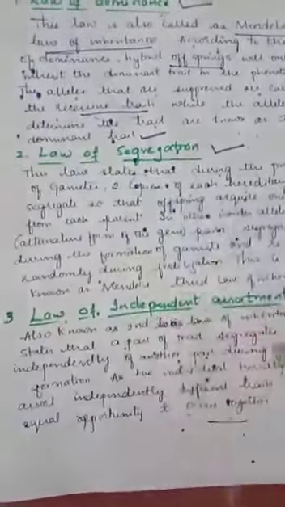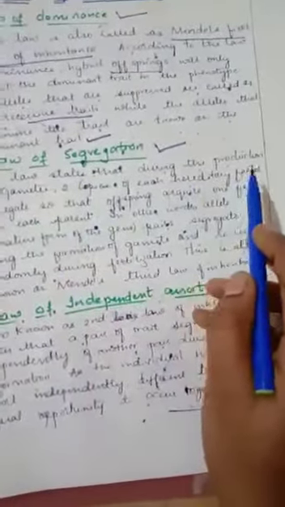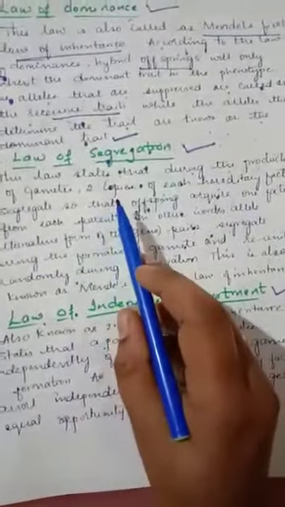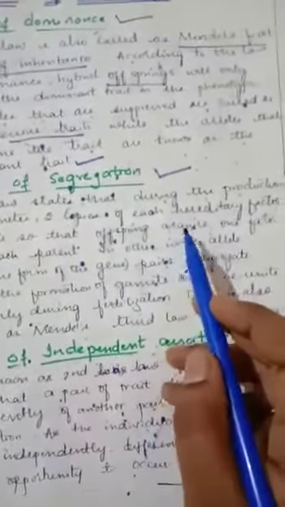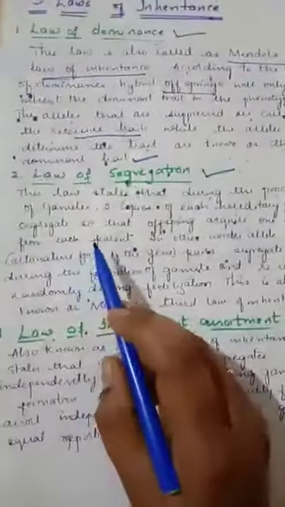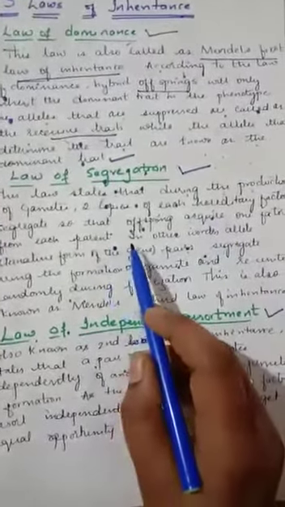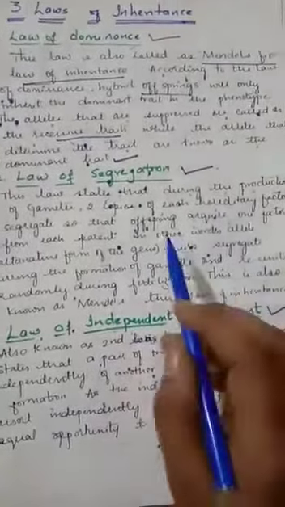Next is the law of segregation. This law states that during the production of gametes, two copies of each heredity factor segregate so that offspring will acquire one factor from each parent. So the character which is going to be inherited by the offspring will be only one character.